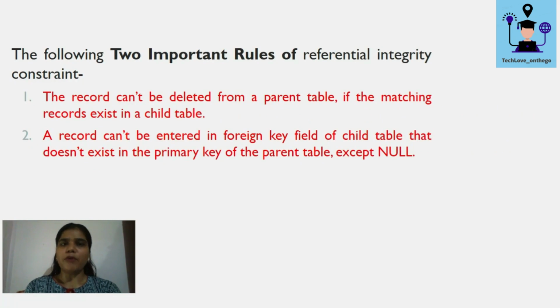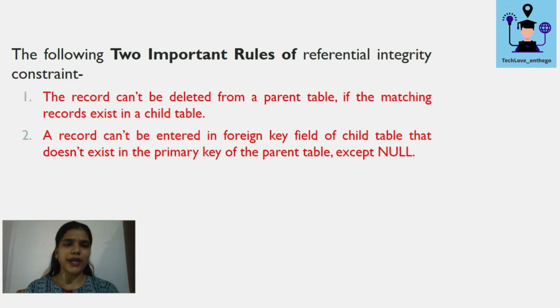There are two important rules that need to be followed to verify the referential integrity constraint. Rule number one: a record cannot be deleted from a parent table if a matching record exists in the child table. So if the record is present in the foreign key attribute, then it cannot be deleted from the parent table. First you need to delete it from the child table, then you can delete it from the parent table.